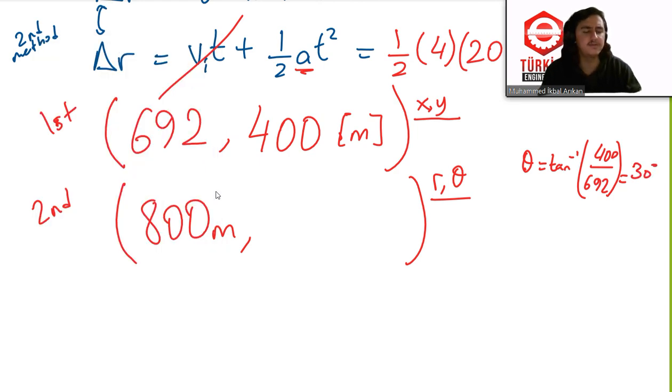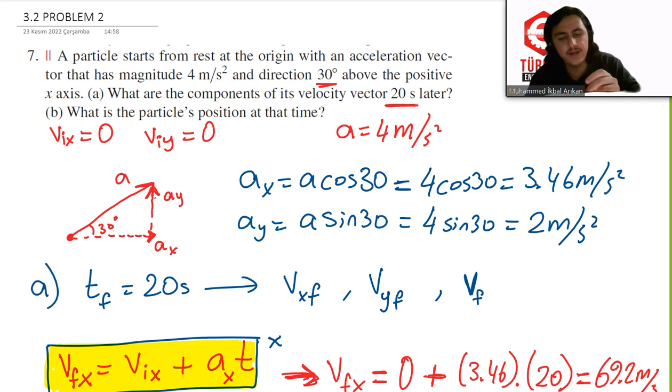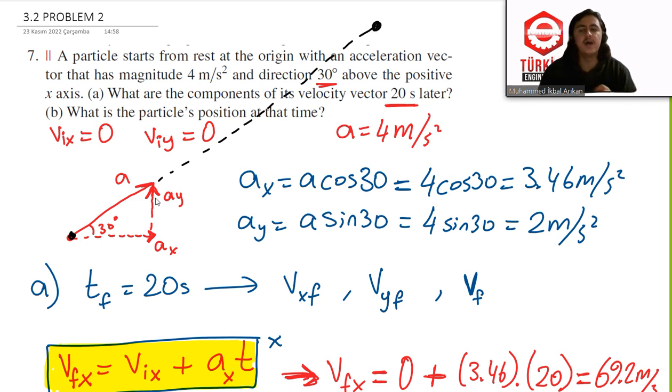Why is it 30? Actually, I started from rest and I'm moving at 30 degrees. So if I started from here, I must end with the same direction, because my acceleration cannot change. Actually, I was at rest. Then I moved with a constant acceleration, which was constant in magnitude and direction.